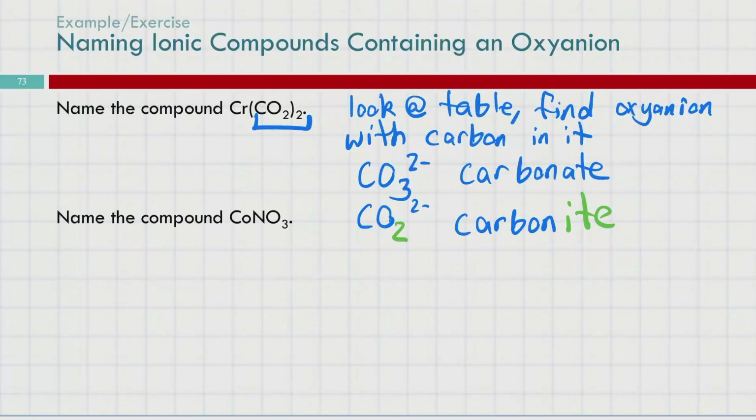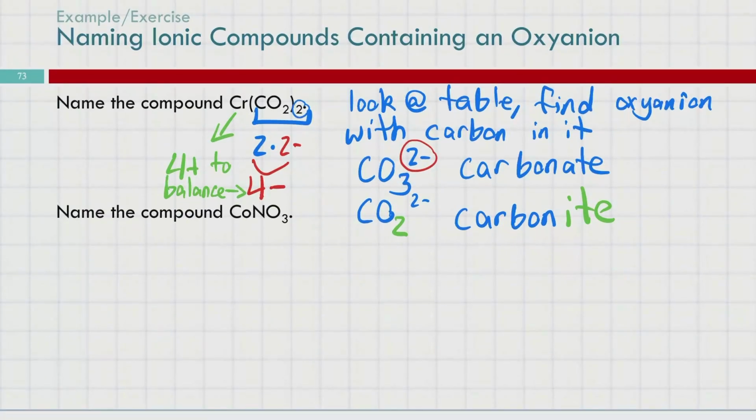And we have two of them, times the 2 minus charge. We have an overall 4 minus charge from our carbonites. We can then use that to figure out the charge of our chromium. We have one chromium. It must have a 4 positive charge to balance out the 4 minus.